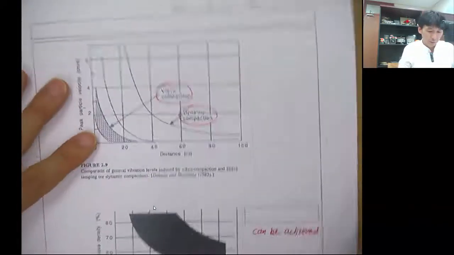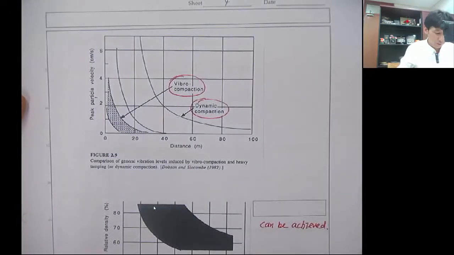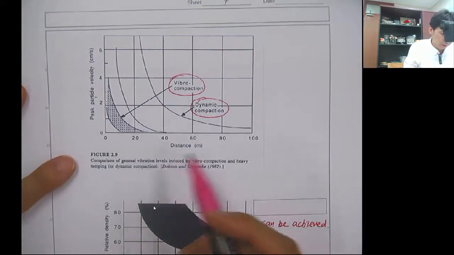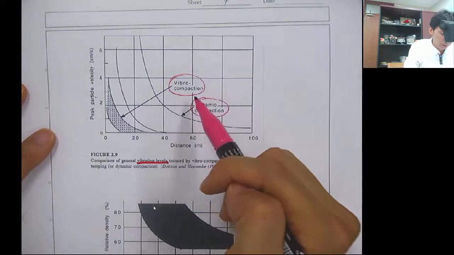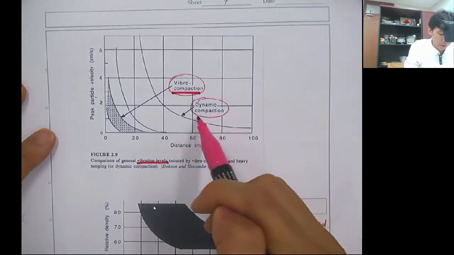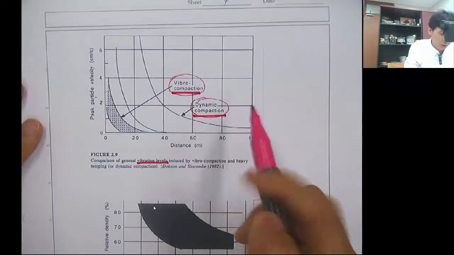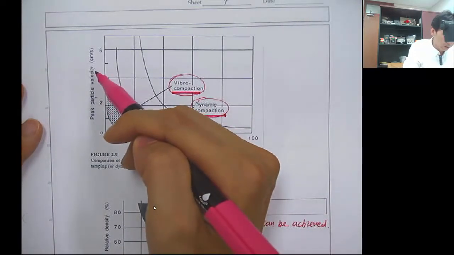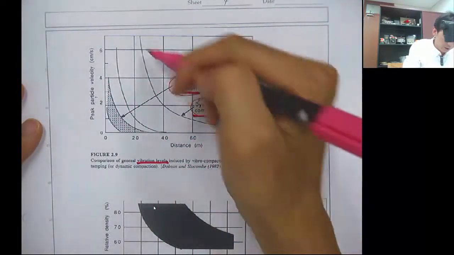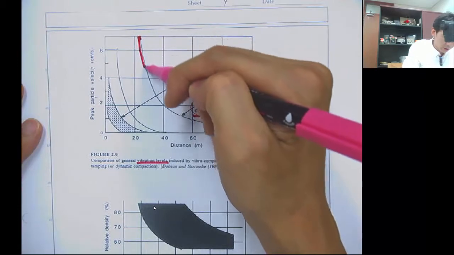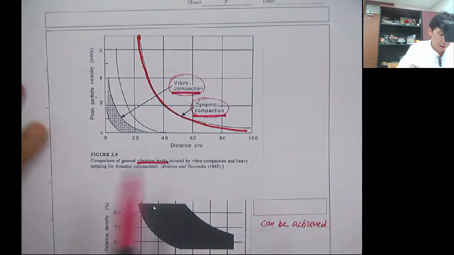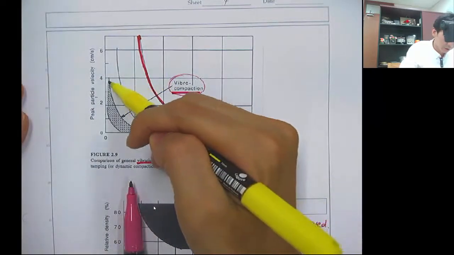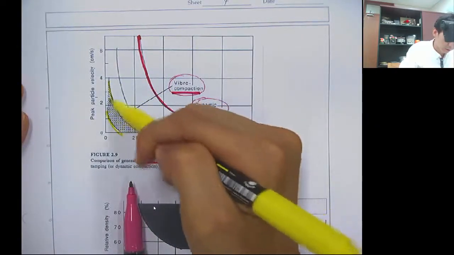And this is a very interesting graph showing the vibration level of each method. Here it compares vibro compaction versus dynamic compaction. When you look at the peak particle velocity, dynamic compaction has much larger particle velocity, and vibro compaction is in this range here.